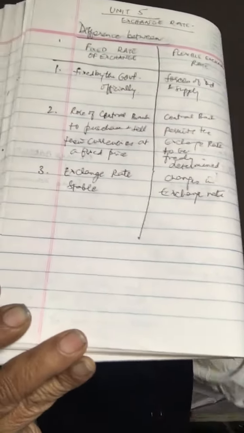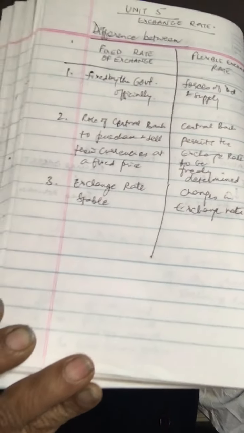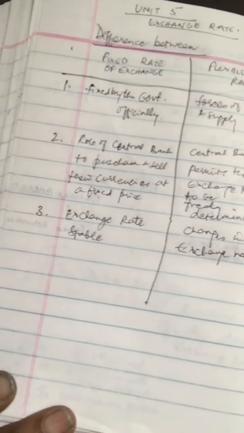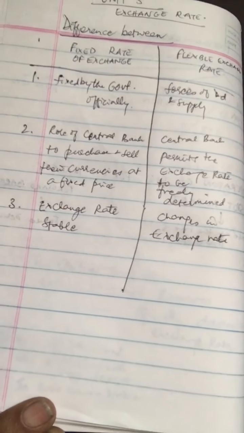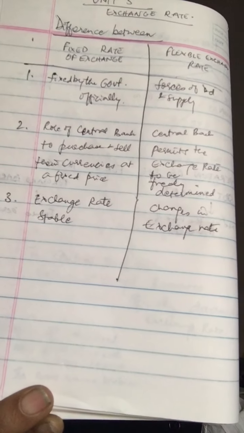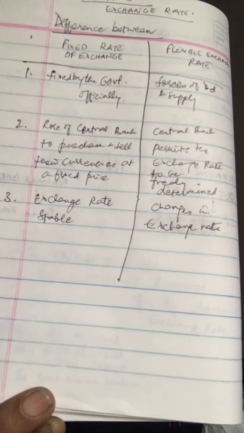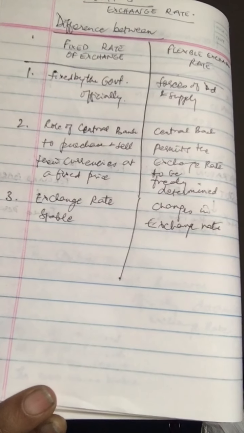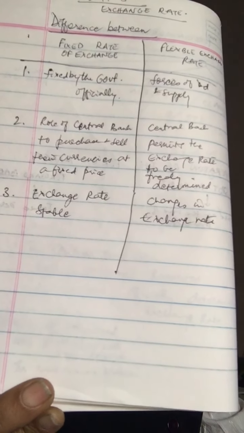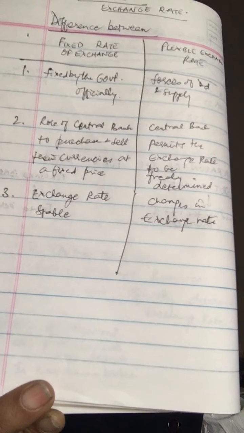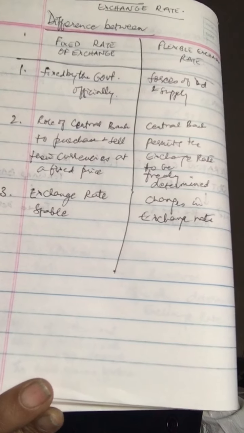So talking about fixed exchange rate, there are many questions that come to your mind, like what are the merits of fixed exchange rate? That it is stable and certain, because it doesn't change as much. There's not much fluctuation. It encourages movement of capital and goods because it removes uncertainties of foreign trade.